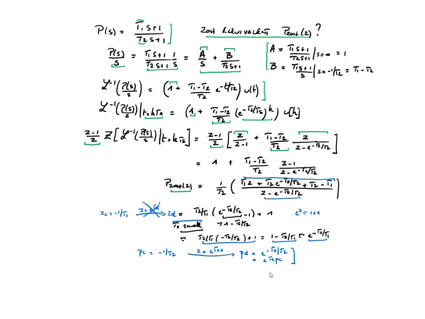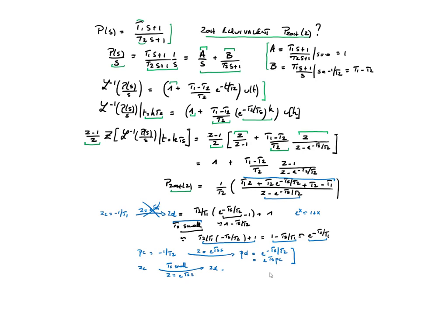So if you take the continuous time zero and you assume that TS is small, then again the zero in continuous time and in discrete time are linked using the relation z equal to e to the TS times s.